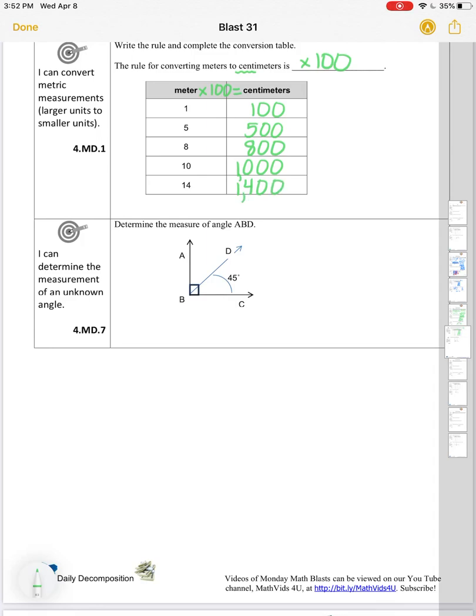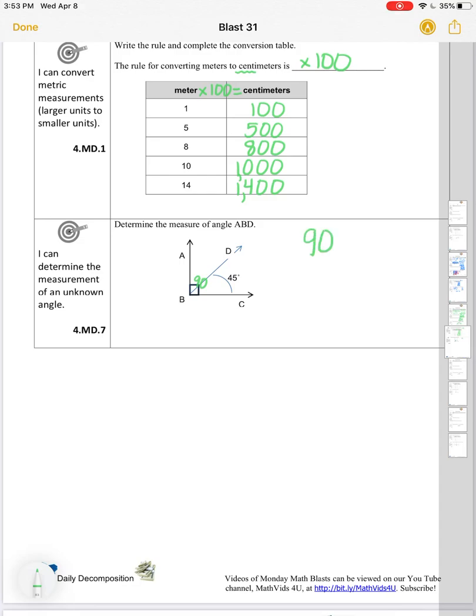That's 1,400. I can determine the measurement of an unknown angle. Determine the measure of angle ABD. Well, we see that angle ABC is given to us, which is 90 degrees. So this is 90 degrees total here. Now, if CBD is 45 degrees of that, then angle ABD must be the remaining.